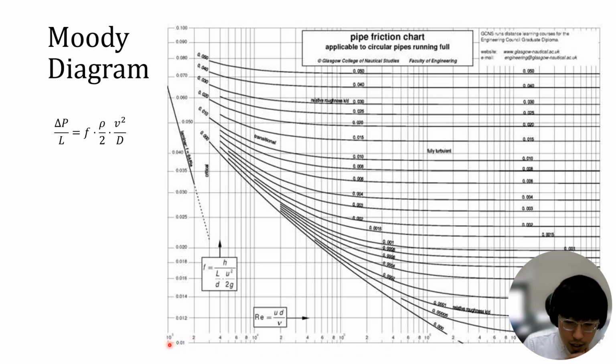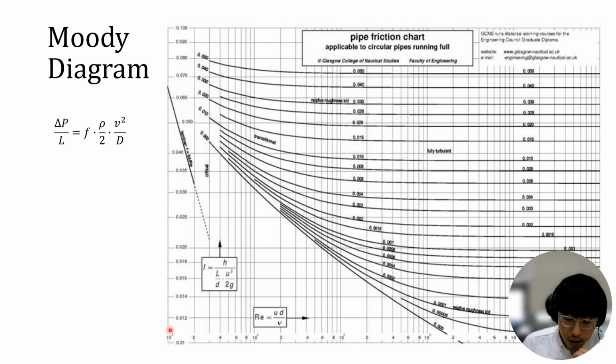The Reynolds number is given in the logarithmic scale. So here we have 10 to the 2, which is 100, and, sorry, I think this is 10 to the 3, so 1,000, and this is 10 to the 4, 10,000, and 10 to the 5, 10 to the 6, and so on.